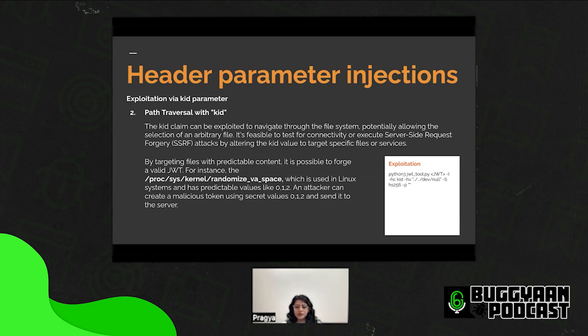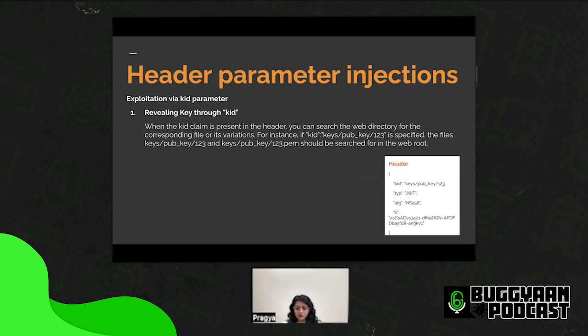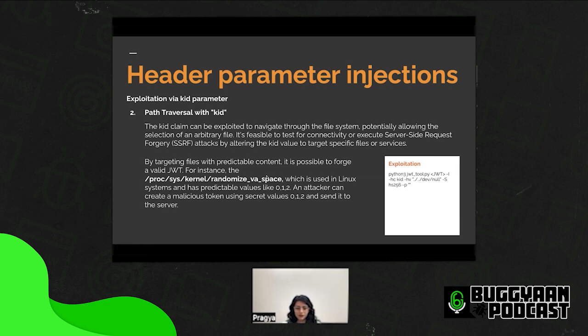As an attacker, I can create a malicious token using the secret value 0, 1, or 2 and send it to the server. Instead of keys/pubkey123, I can enter proc/sys/kernel/this file, which may have a value of 0, 1, or 2. If I enter this, the server will accept it, and my attack is successful because it could be using 0, 1, or 2, which are pretty weak secret values.